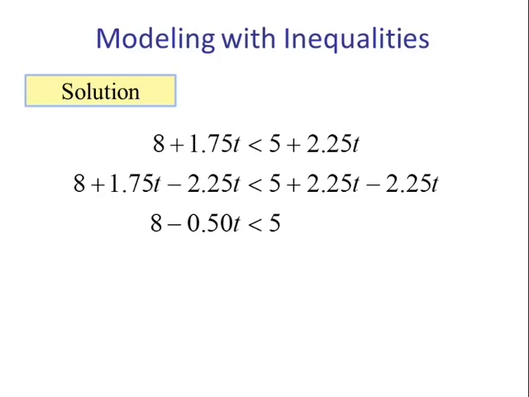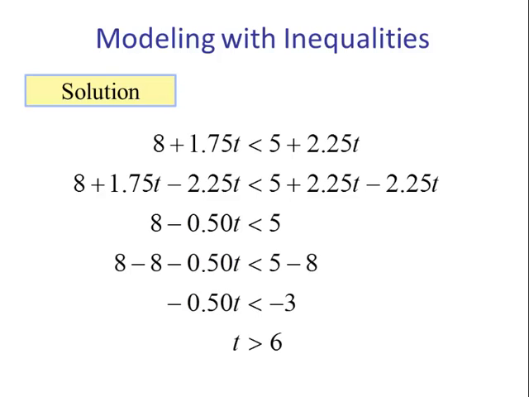Subtract 8 from both sides. We have negative 0.5 T is less than negative 3. Dividing by negative 0.5, and don't forget to flip the inequality sign, we have T is greater than 6. So when the number of tickets is more than 6, Plan A is less expensive than Plan B.